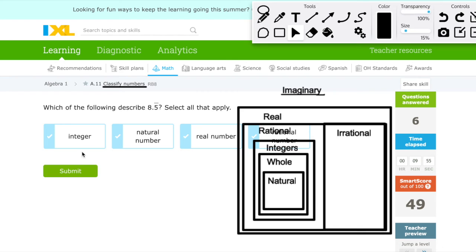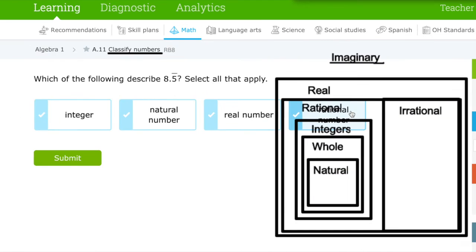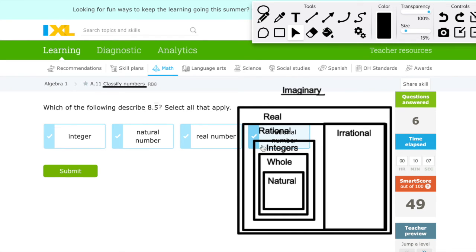Which of the following describes 8.5 repeating? Select all that apply. Integer, natural number, real number, and rational. I really need to move. I really should have put that somewhere else, but it's alright. So 8.5 repeating is not a natural number.